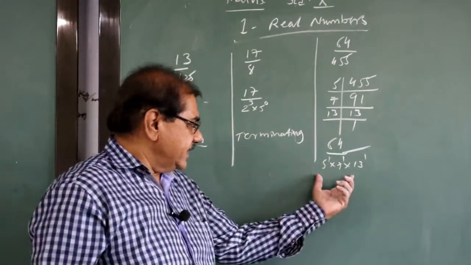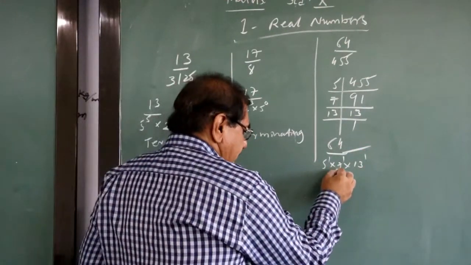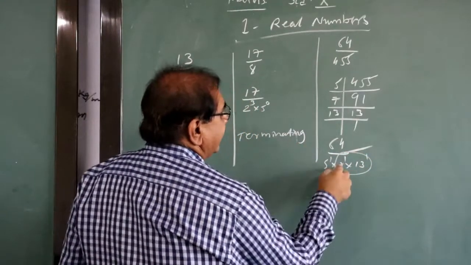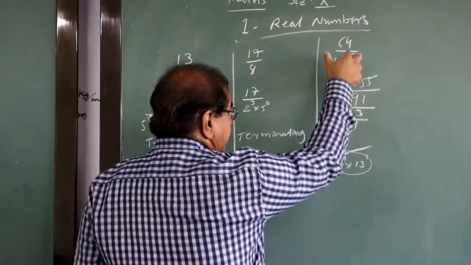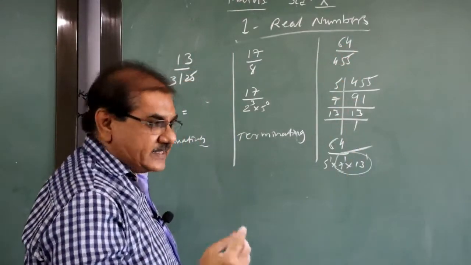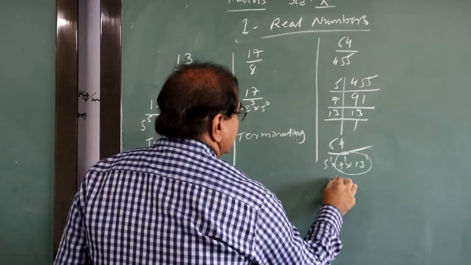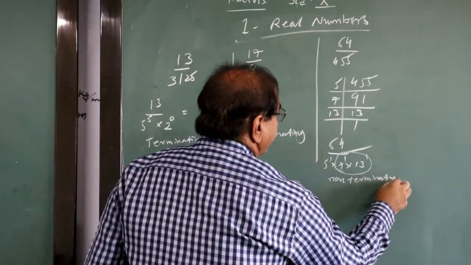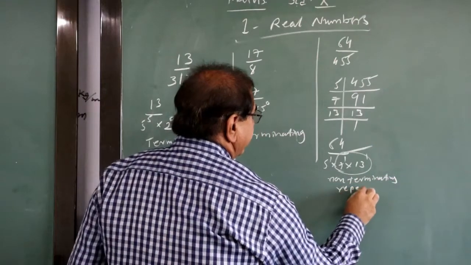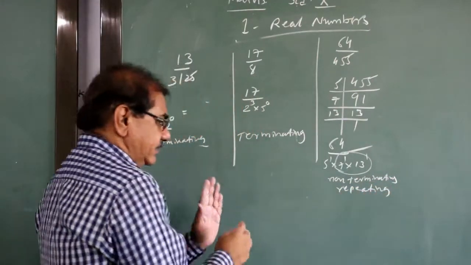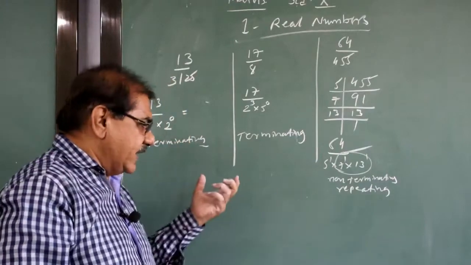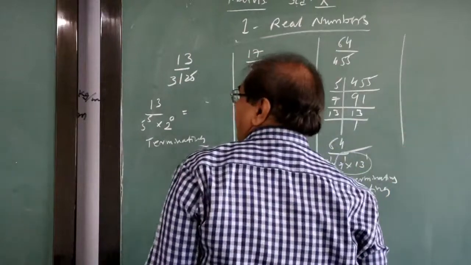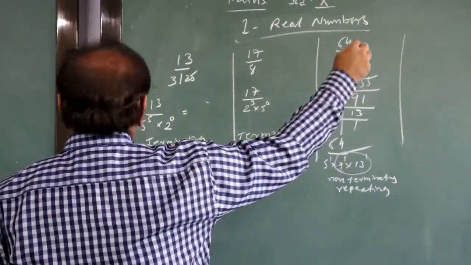Here you can check that the prime factorization of q contains, other than 2 and 5, 7 and 13. So for such a fraction the decimal expansion is non-terminating, repeating, which means it will have repeating numbers or repeating groups of numbers in the decimal expansion.